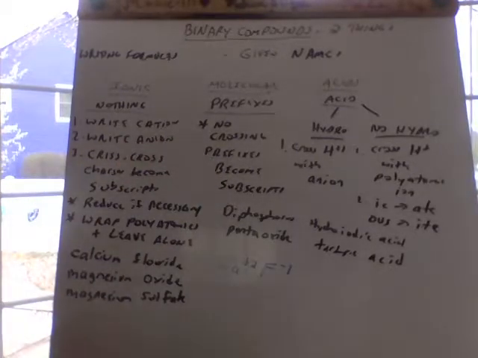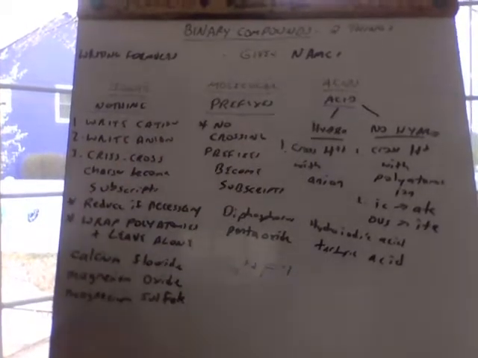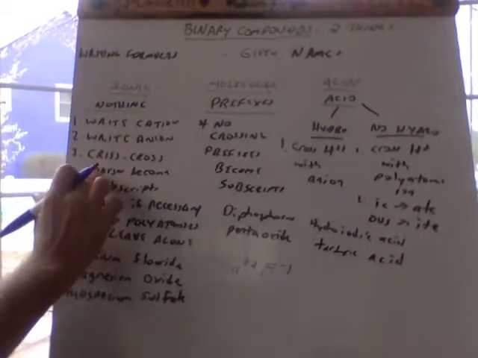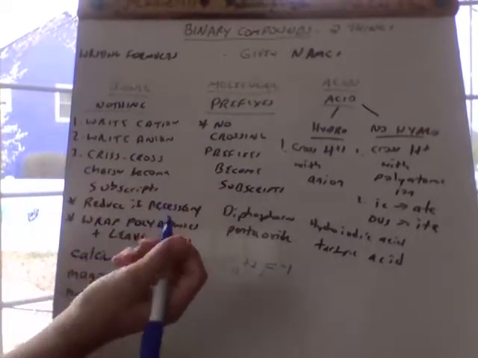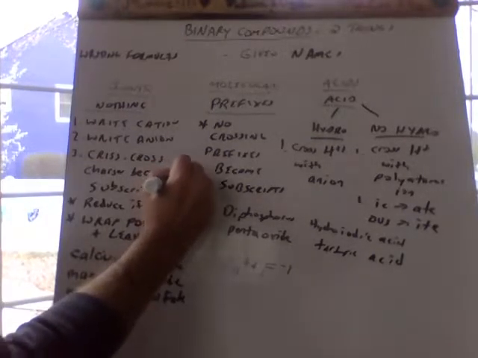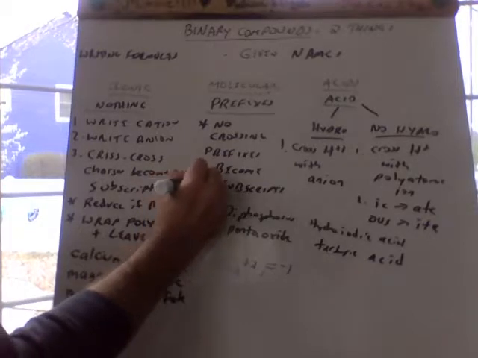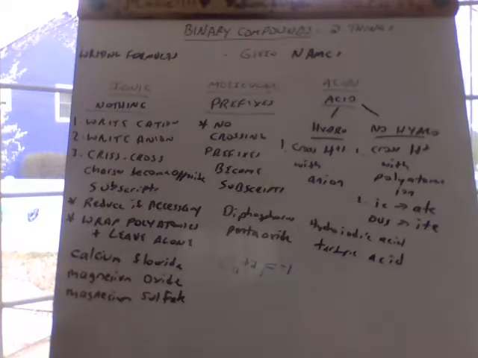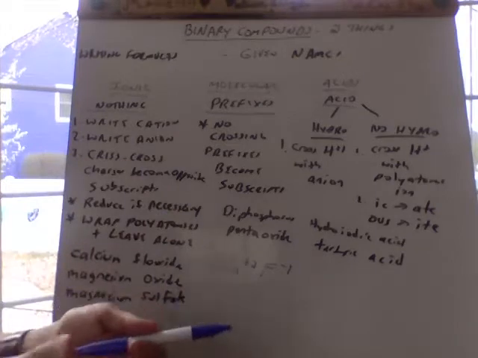Now, we're going to crisscross applesauce like you did in middle school or elementary school, whatever it was. The charges become the subscripts. And I guess I should say opposite subscripts. Let's put opposite. The charges become the opposite subscripts. Now, subscripts, remember, are the numbers that go down, that tell you how many of those things we had.